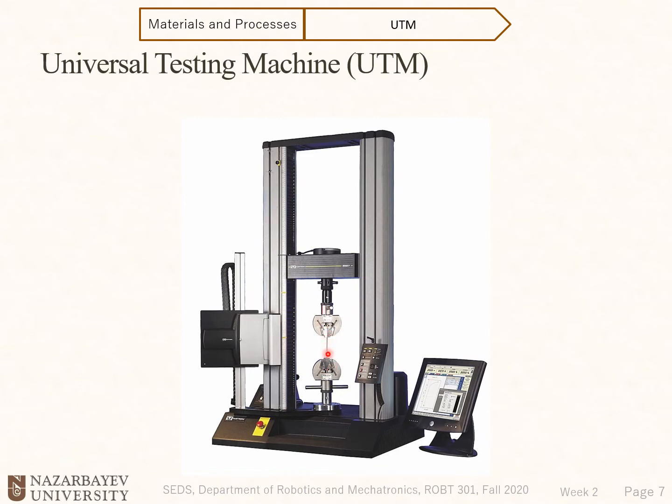Okay, so this is the specimen, and we will apply the tensile force and stretch the specimen until it breaks. And here on this monitor, we can monitor the changes in length, and we can also monitor the force or the load applied by the UTM.